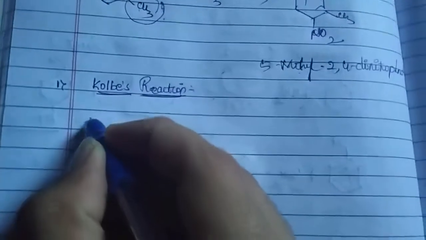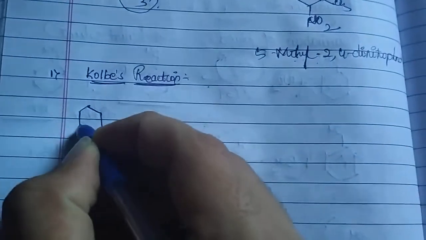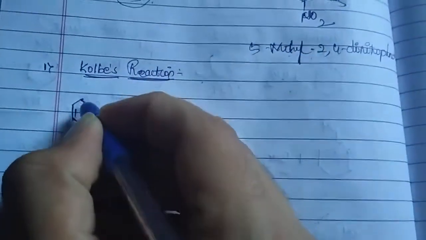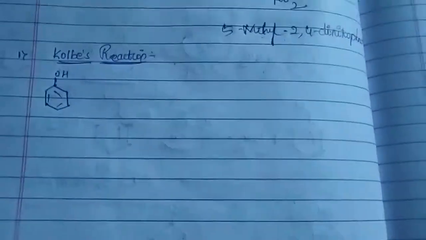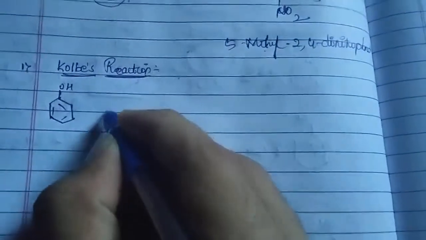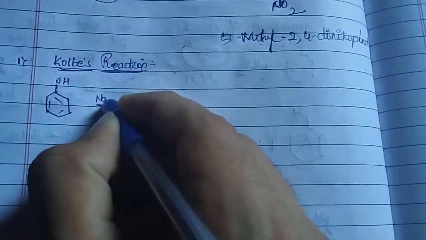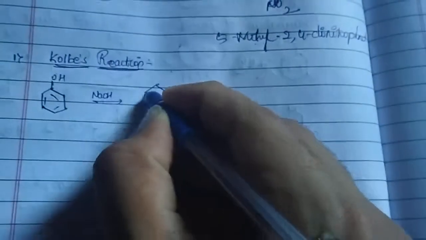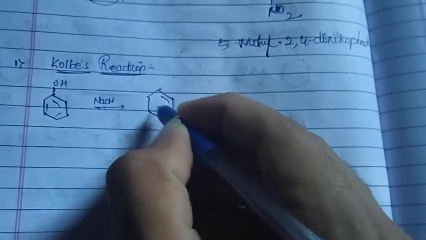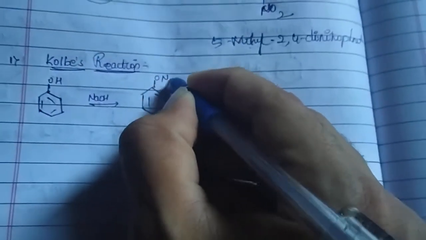According to your syllabus, they have given only this much. When phenol is treated with NaOH, you will get sodium phenoxide, ONa.